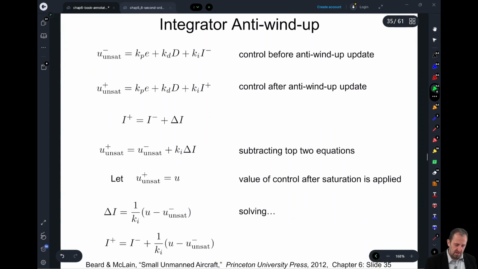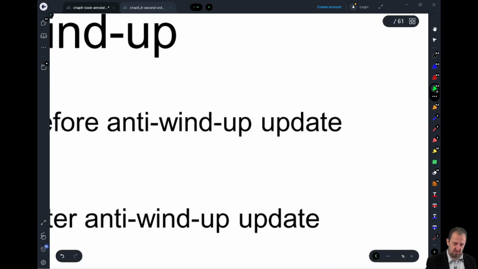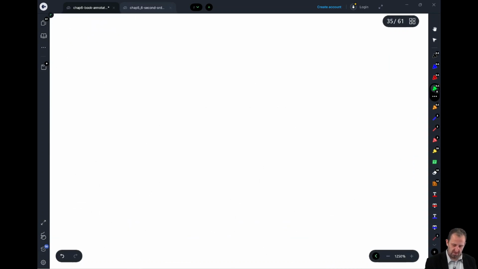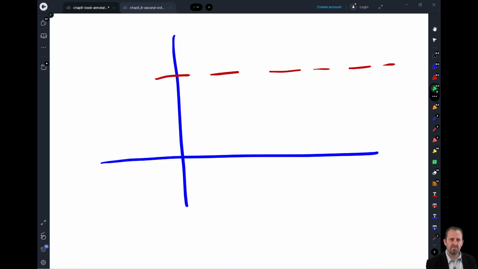Okay. Another thing we have to worry about is integrator windup. To provide some motivation, assume that I have a desired value that I'm trying to get to, right? Even when I'm starting at 0, given a step response, I'm going to be putting in as much control authority as I can.